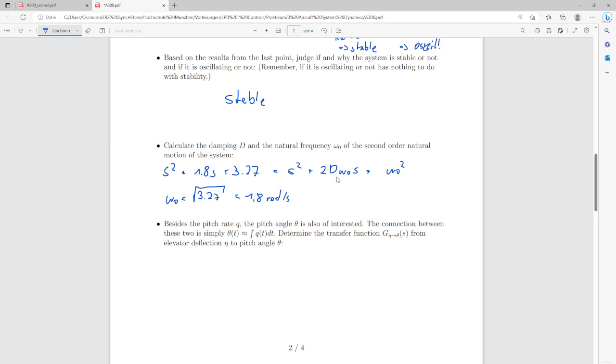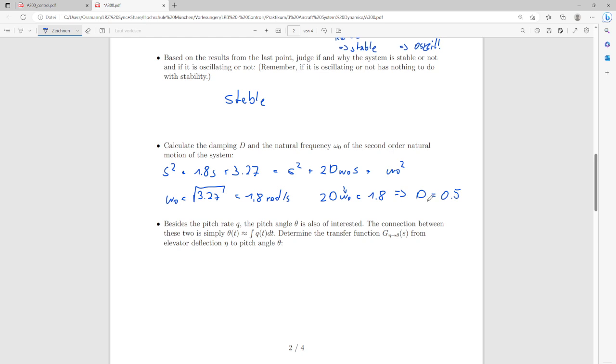And for the damping, we have 2D omega 0 equals 1.8, and if we solve that, omega 0 is 1.8, so that becomes equal to 1. So if we divide it by 2, we have a damping of 0.5. So we actually do have some oscillations with some overshoot there, right?